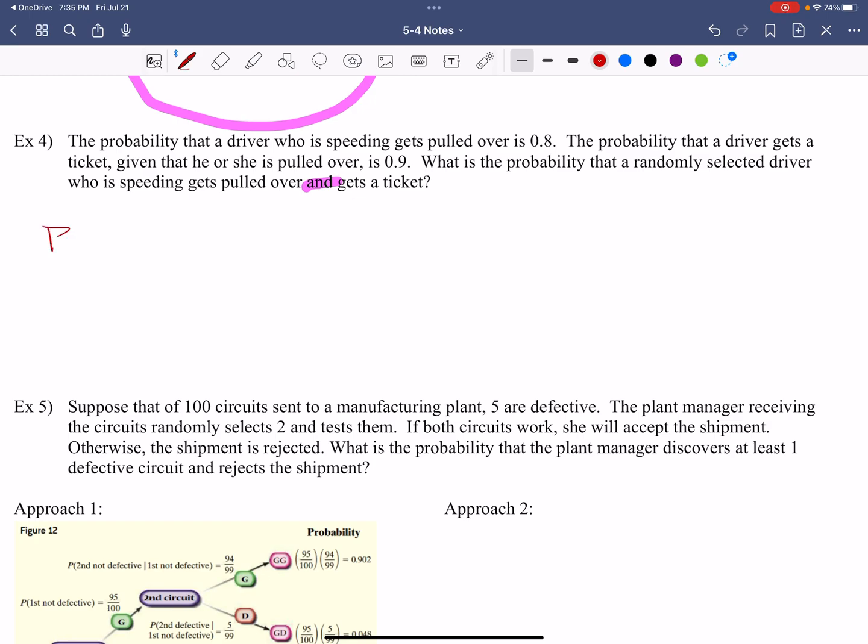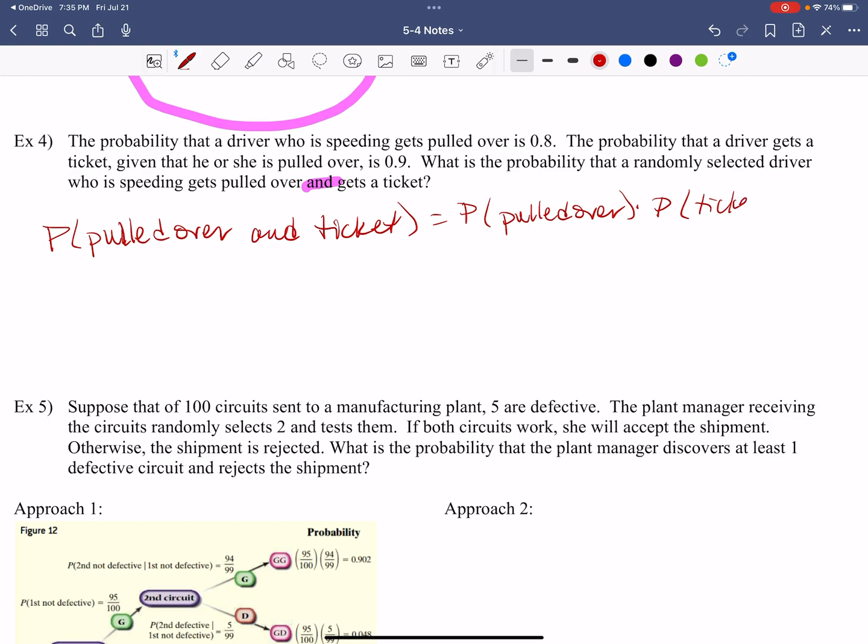So if I want to find the probability that you get pulled over and get a ticket, look at my info. I'm looking at the probability of being pulled over times the probability that you get a ticket given that you're pulled over.